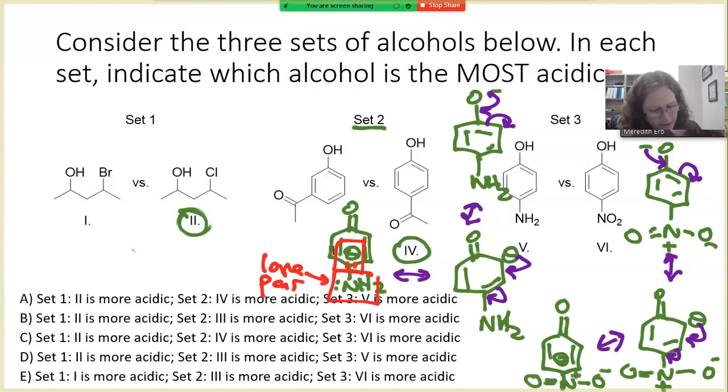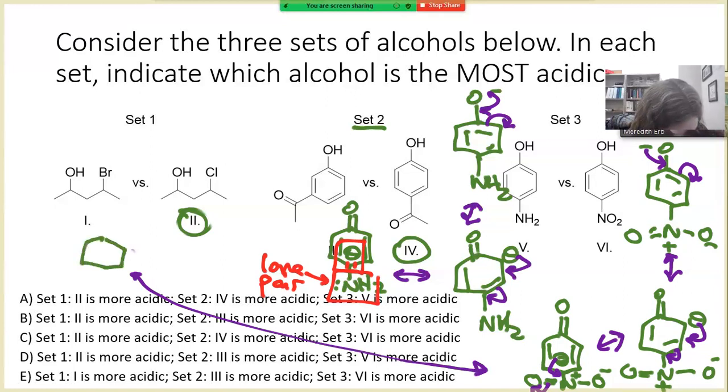Okay, but if you see here now, we can actually move this negative charge out onto the nitro group, similar to what we did in set number 2. The nitro group is an electron withdrawing substituent, and so we can push electron density out onto that substituent. So I'm going to make a really long arrow here because I ran out of room. I'm going to draw out what it looks like when we push electron density out onto that nitro group.